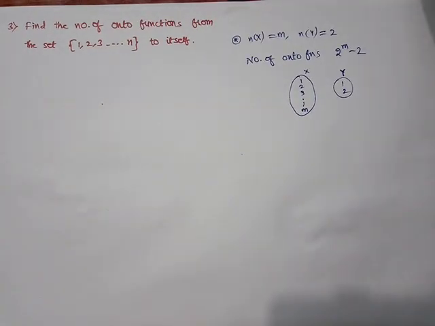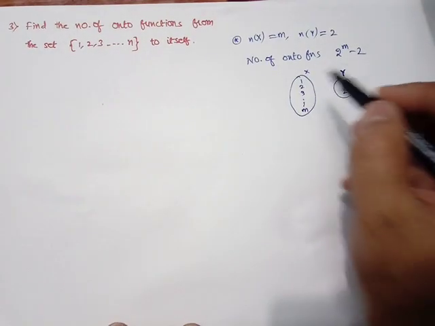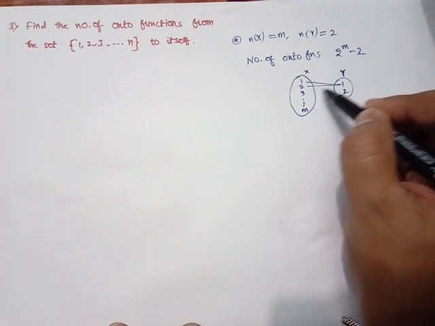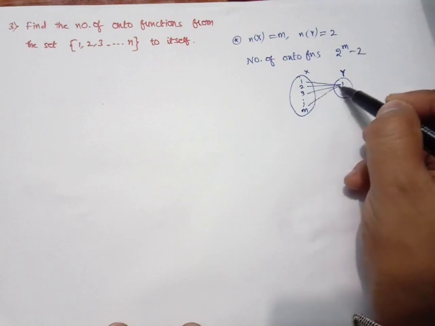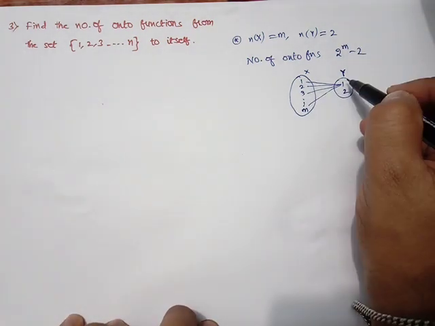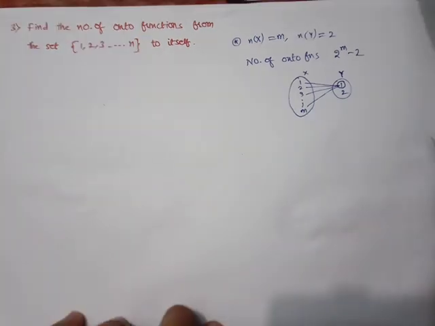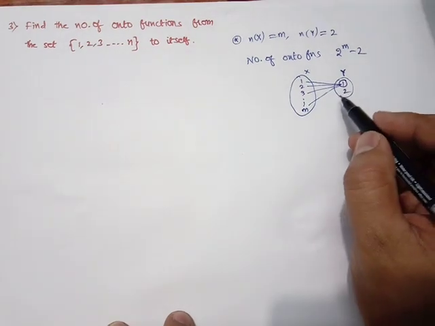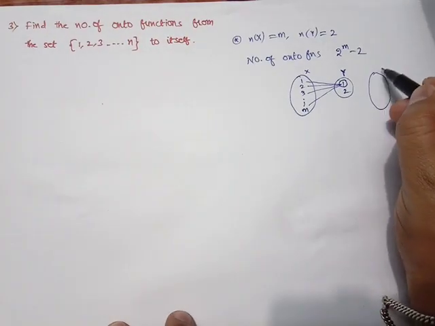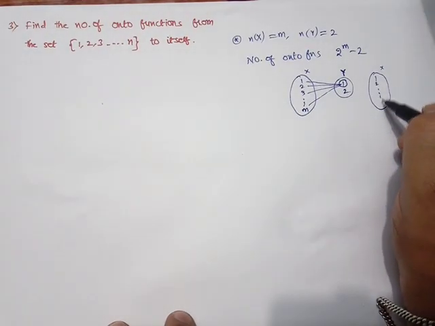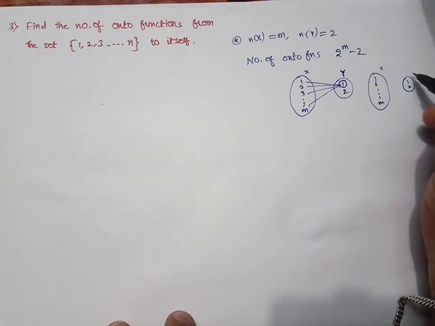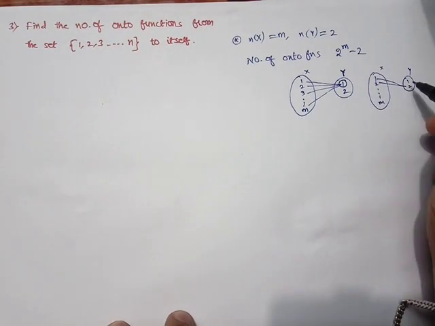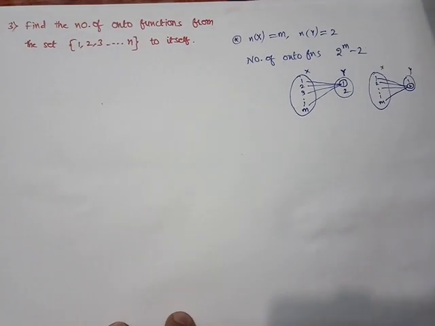Now if all the elements of set A are related to 1 only, then this time it will not be an onto function. So one case it is, and the second one: if all the elements are related to 2, then that time also it is not onto.